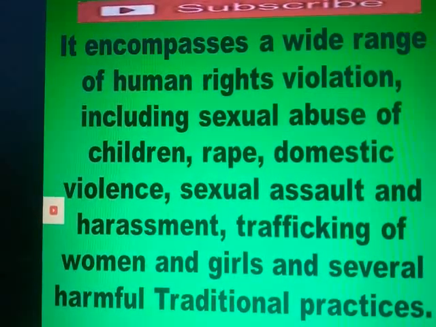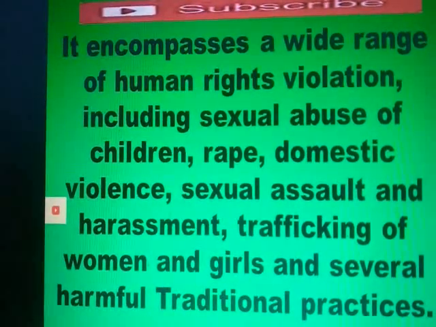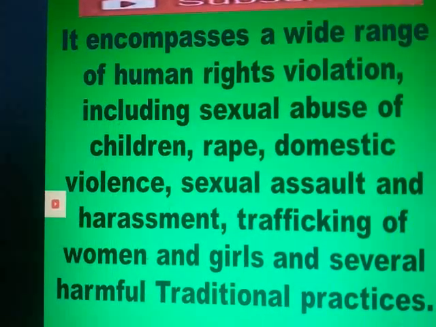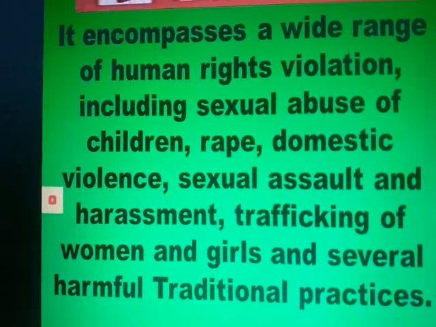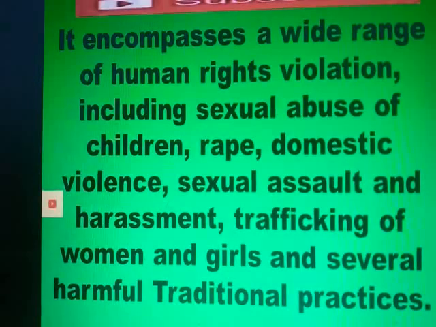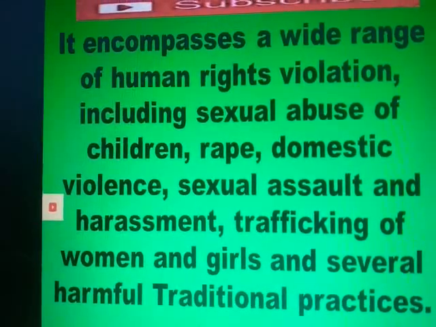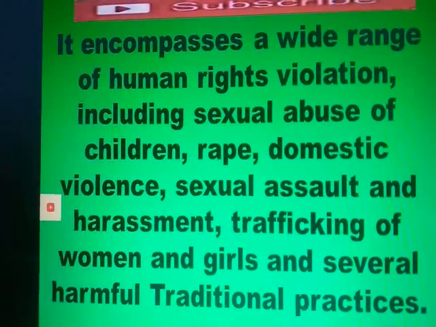It encompasses a wide range of human rights violations, including sexual abuse of children, rape, domestic violence, sexual assault and harassment, trafficking of women and girls, and several harmful traditional practices.